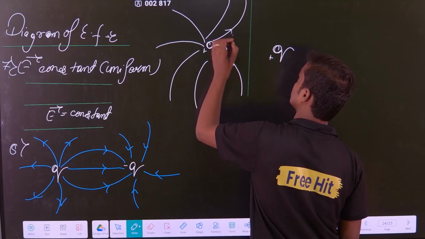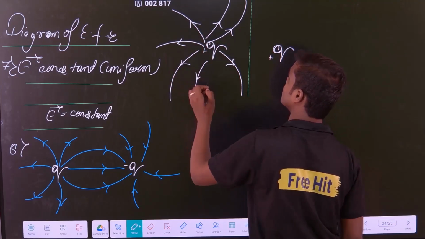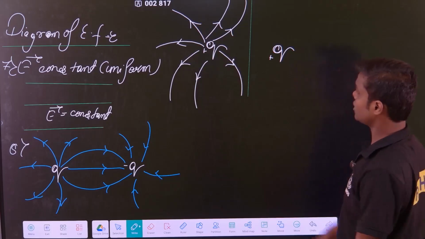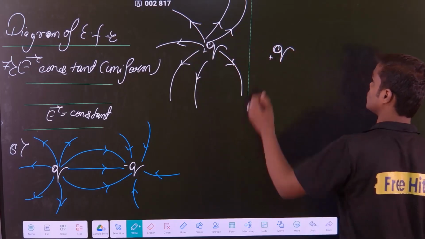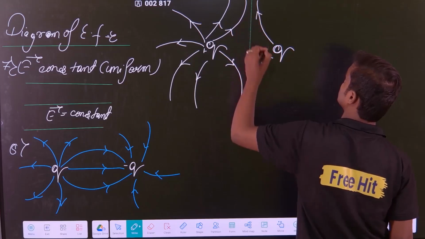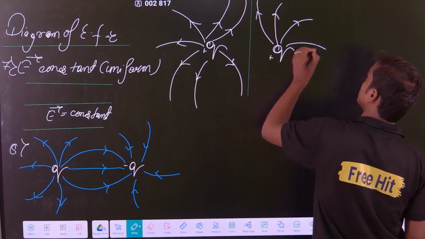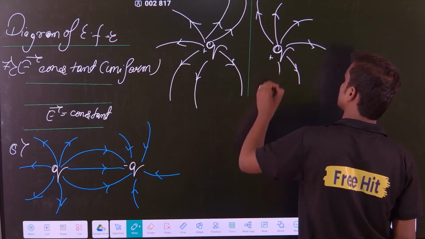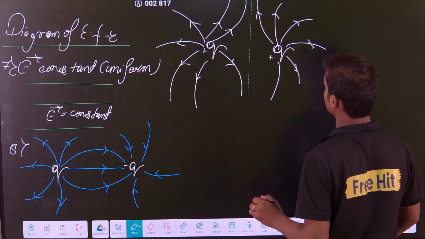So field lines will go to infinity from the positive charged particle. Will they enter inside this charge? No. Why? Because it is positive. So field lines cannot enter inside a positive charge, so this will go like this. Actually my drawing is the problem.